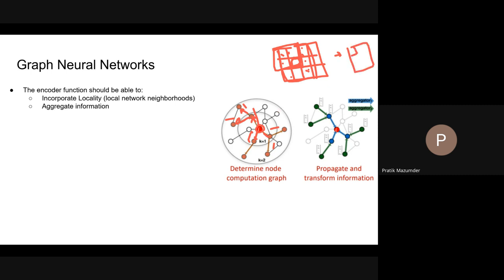We'll try to do something similar over here as well. We'll first identify the locality of this particular node and identify all the neighbors, maybe neighbors at level 1, neighbors at level 2. Once we do an aggregation, all of this information gets incorporated. And also you want to incorporate the information from all of your neighbors.